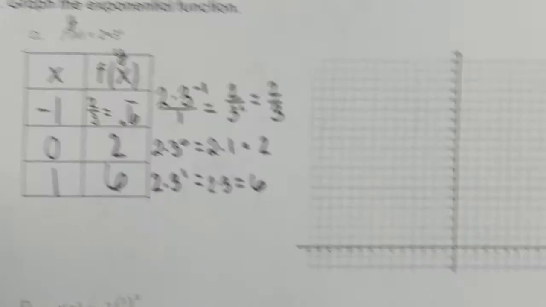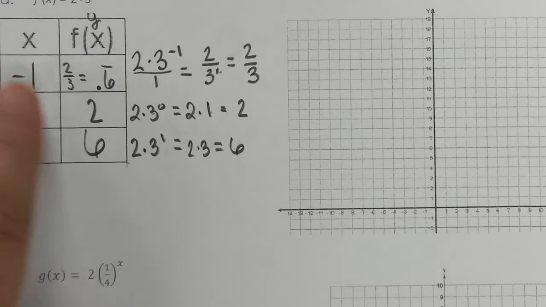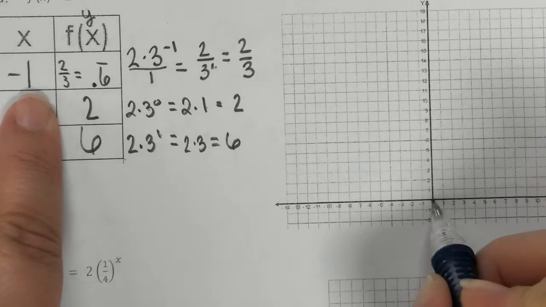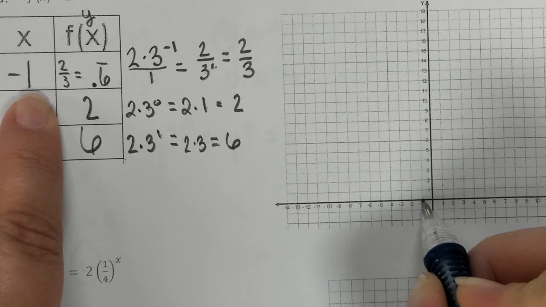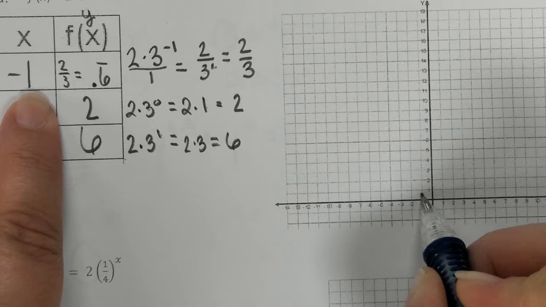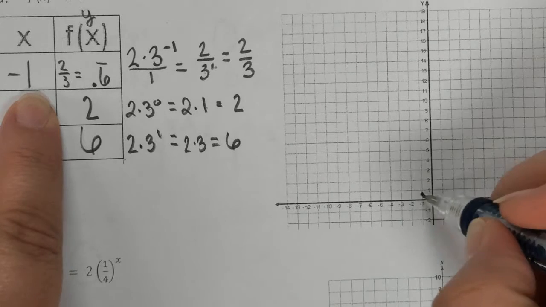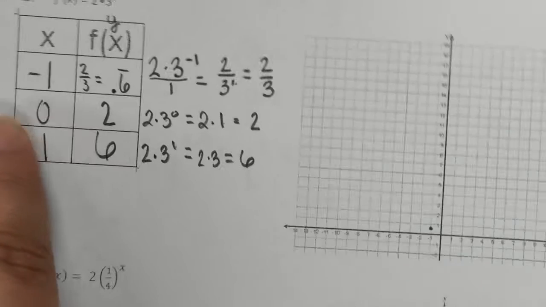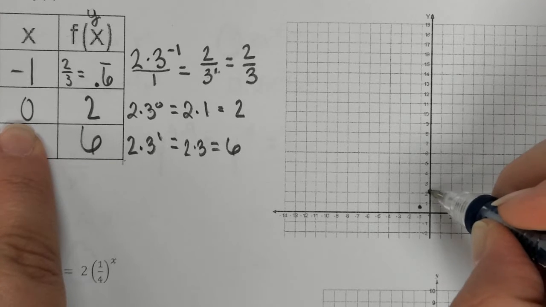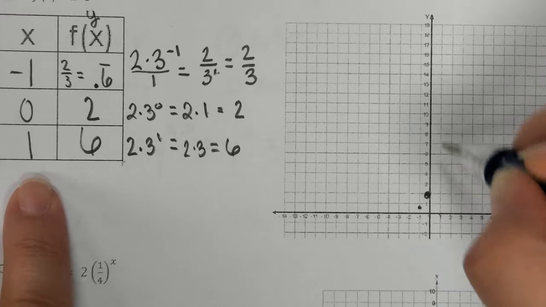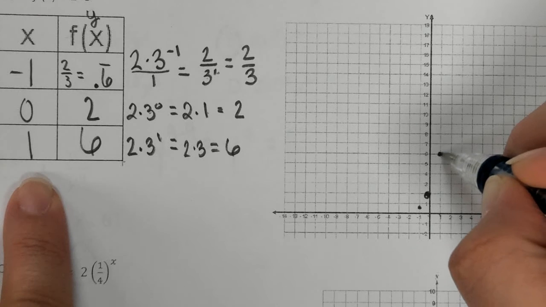So now I have to graph these 3 points. So for -1, starting at 0, I go -1, and I need to go up to about half, and then I just go a tiny bit above that. At 0, we go to 2, and at 1, we go to 6.